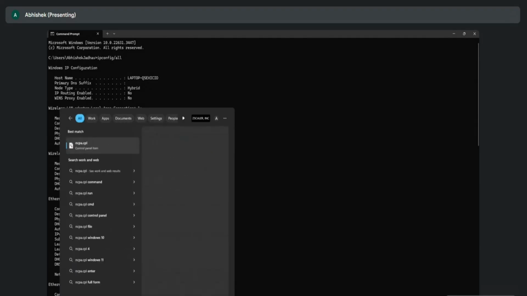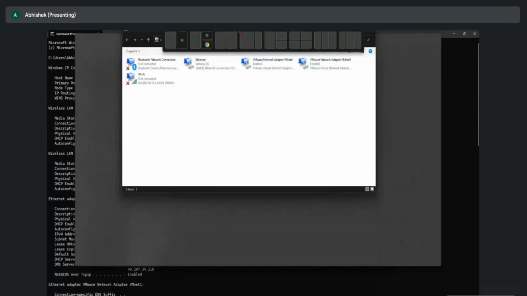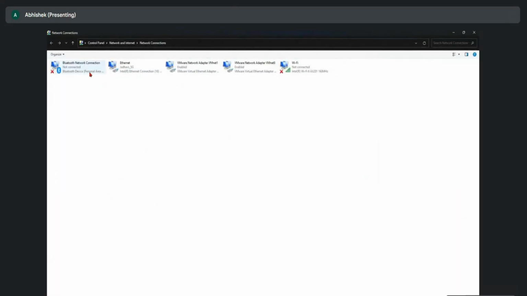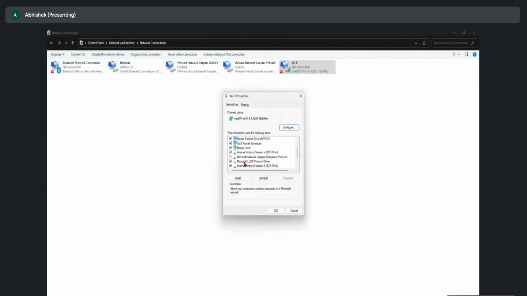So if I go to the network configuration here, let's say I try to change this one. Now if you see here, I have IPv6 enabled and IPv4 also.